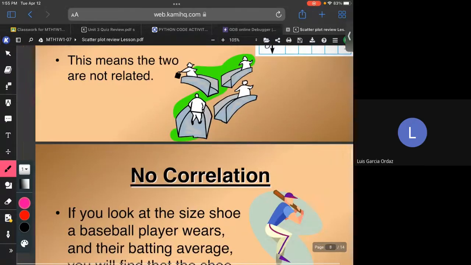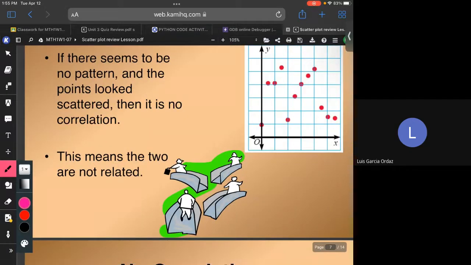Like I said, no correlation means there's no pattern, everything's random, so there's no correlation within this scatter plot.